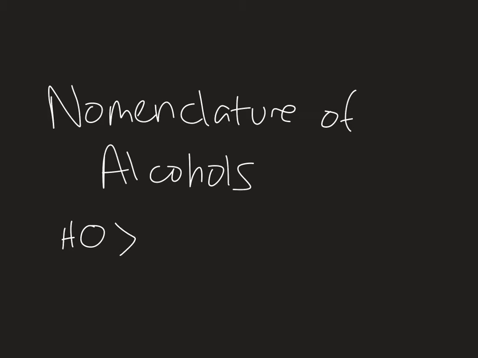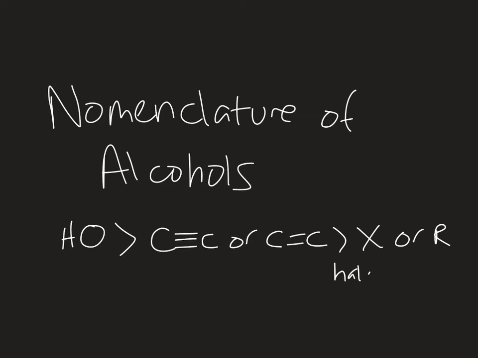So the alcohol will be higher in priority than a triple bond or a double bond, and higher still than X being a halogen or R being an alkyl group. So we're going to number any given chain to give the alcohol the lowest possible locant, kind of ignoring those other groups because of the alcohol's higher priority.